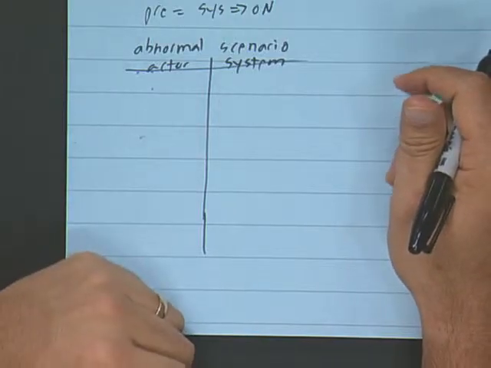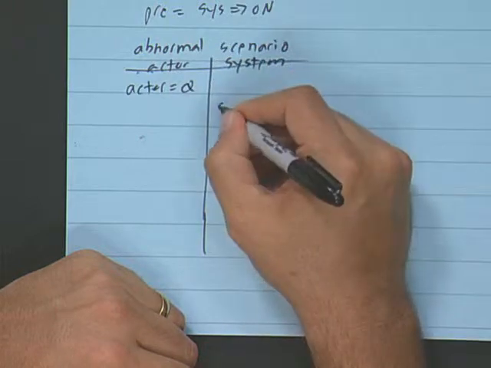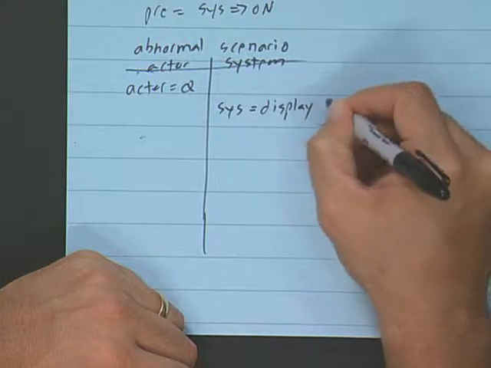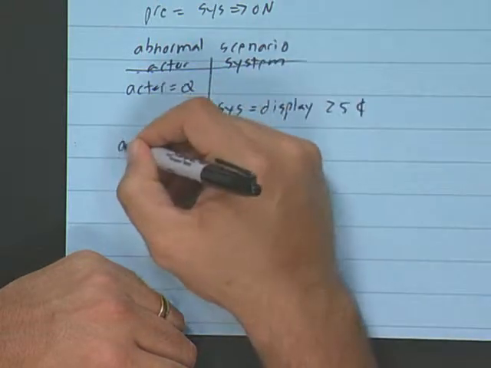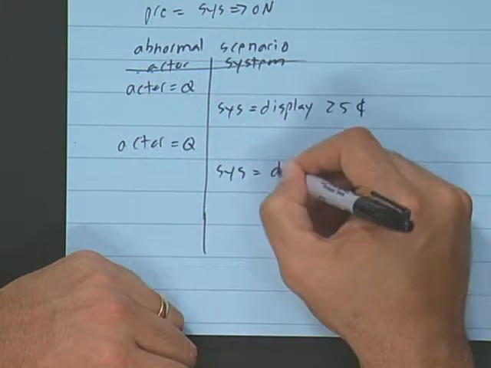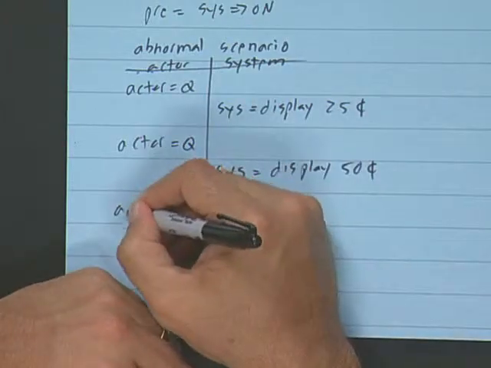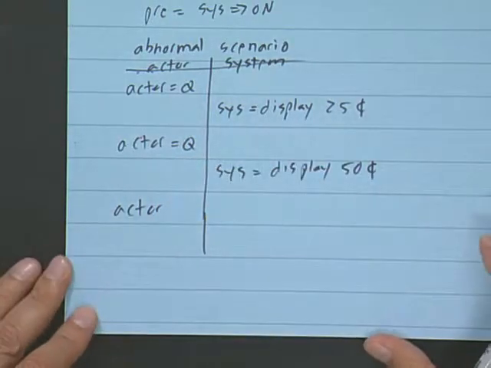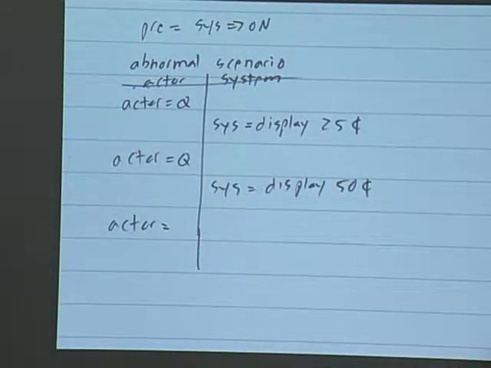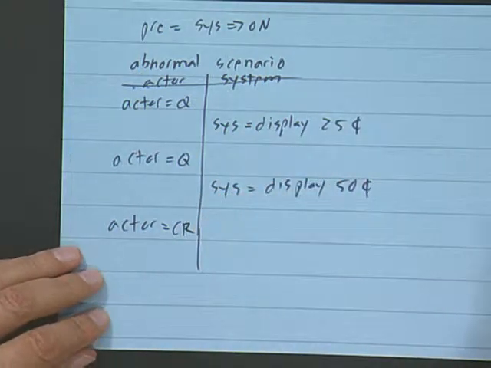Actor deposits a quarter, system displays 25 cents, actor deposits another quarter, system displays 50 cents, and now the actor decides he doesn't want his Coke anymore, he ran out of money. He thought he had 75 cents and only has 50 cents. So the actor then hits the change return because he has to walk away.